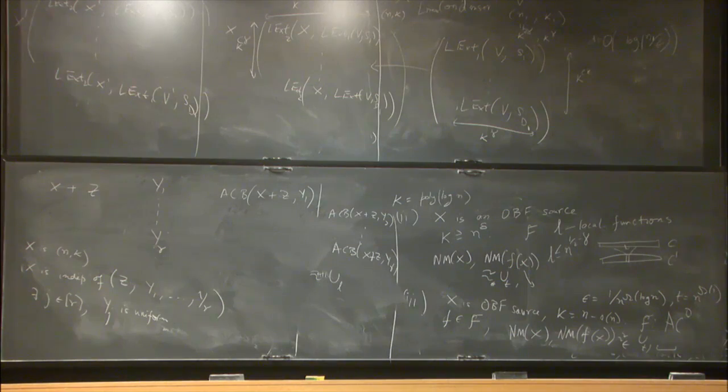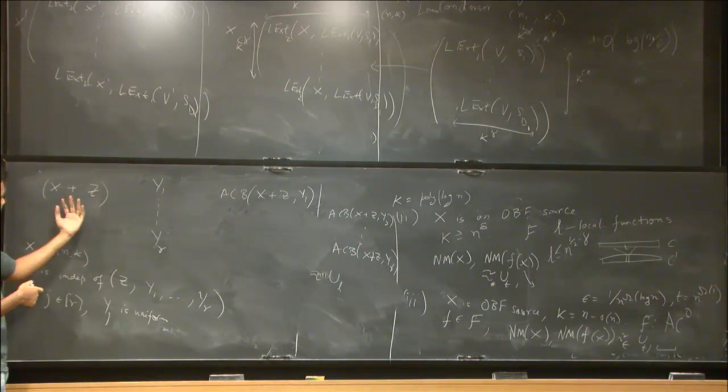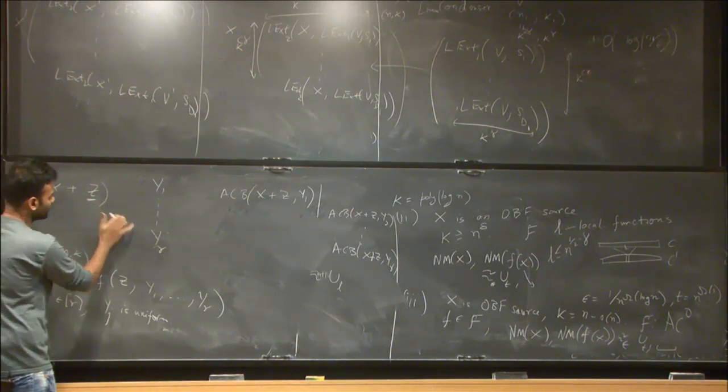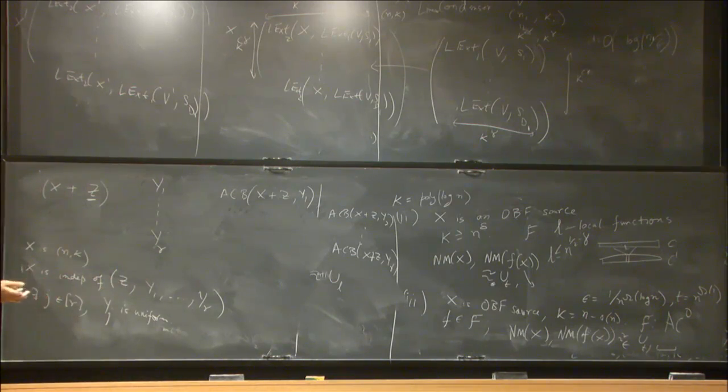So here the amount of resource that we are asking for is that you are just given access to one source in which there is some structure, but some part of it is correlated with these random variables. There is some additive kind of thing which is independent of all this. It turns out that you can actually use this to break the correlations between these random variables as well.